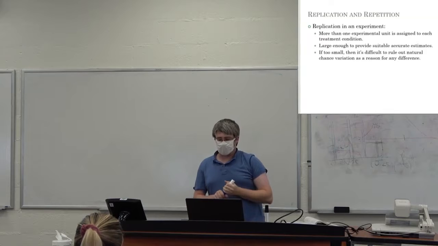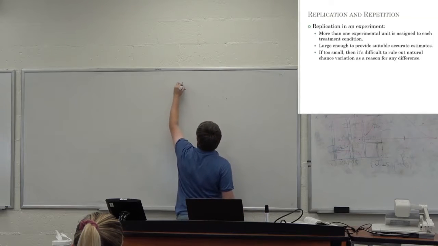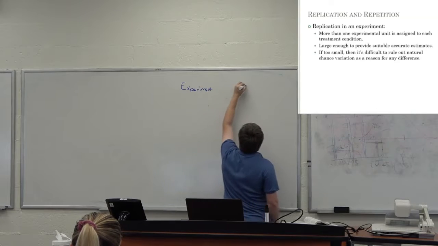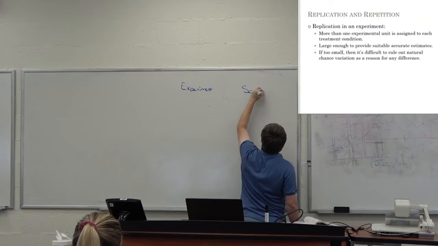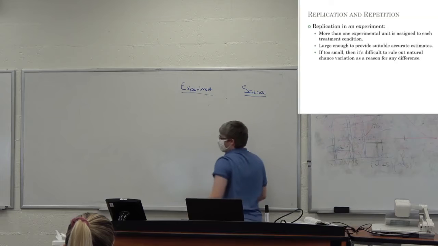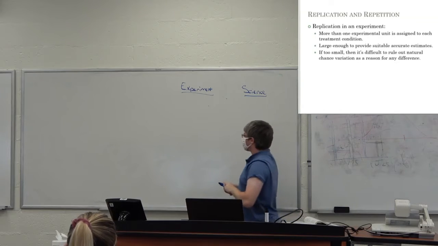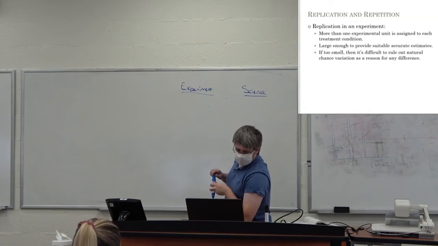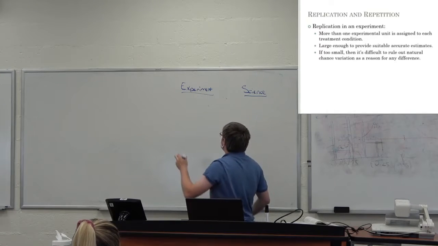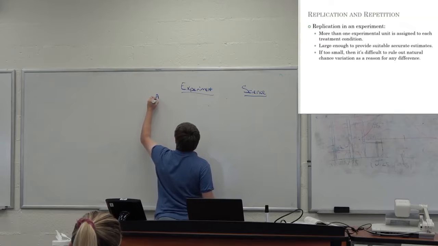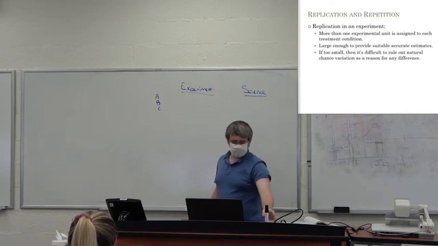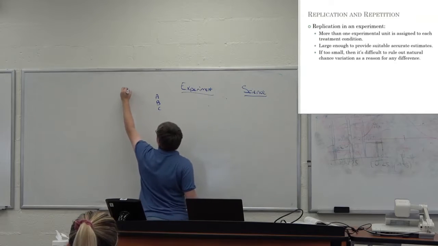So we're going to talk about replication in an experiment, and then generally in science. In an experiment, we want to have more than one experimental unit assigned to each treatment condition. So if I have treatments A, B, and C, then I'm going to have a whole bunch of people.